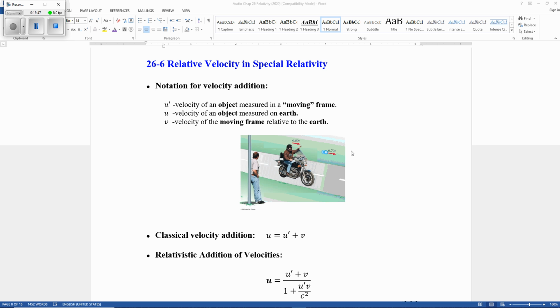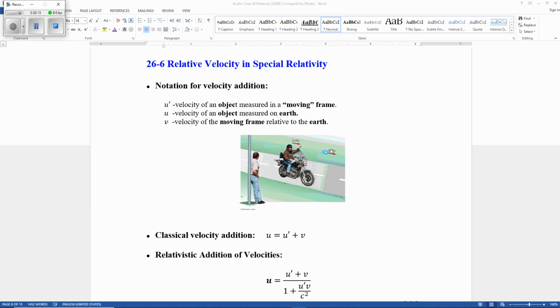We're going to discuss that. So the last one, V, is the velocity of the moving frame. That is the speed of the vehicle, for this example 0.8. So in this problem, V equals 0.8, the moving frame relative to Earth.